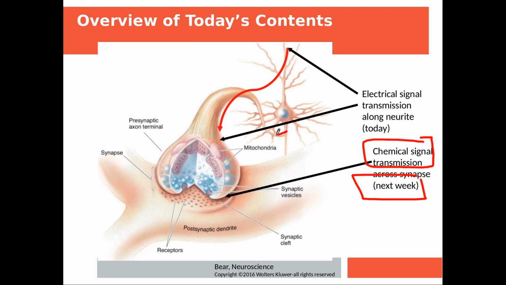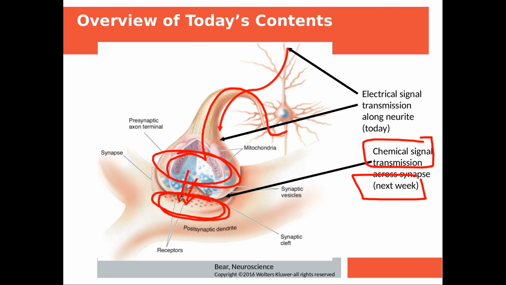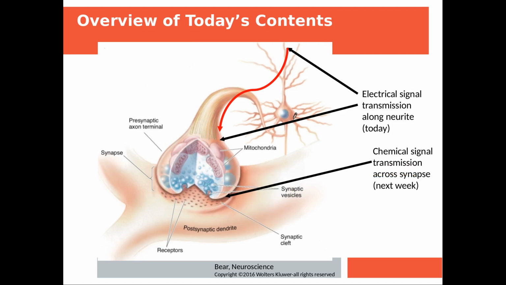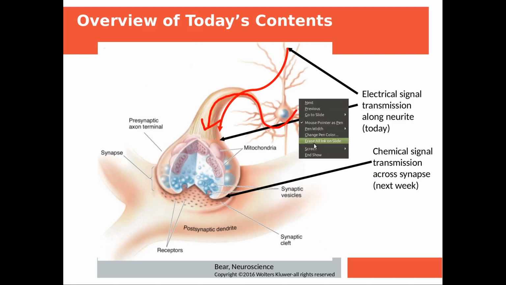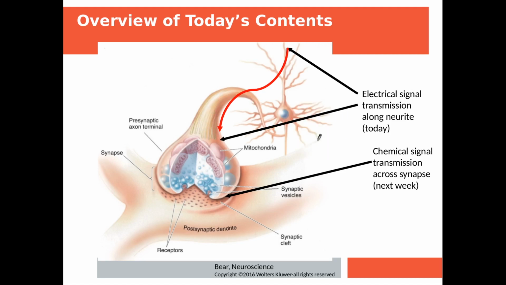When the signal travels along the axon and reaches the end, it needs to be communicated to the next neuron, the postsynaptic cell, and it actually uses chemicals, neurotransmitters or hormones, to communicate the signal. That's going to be covered next week. This week I'm just covering the electrical signal transmission, which is going to be the action potential.